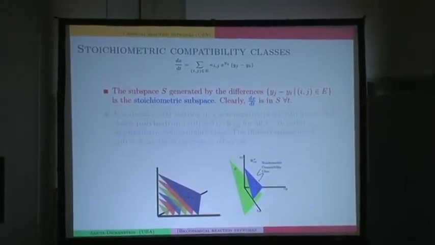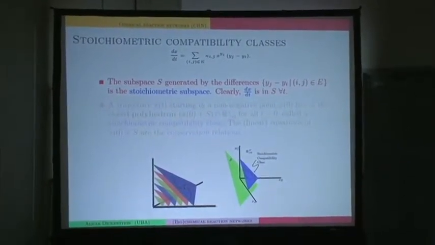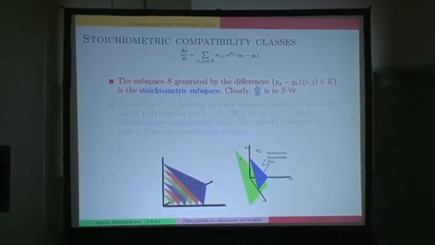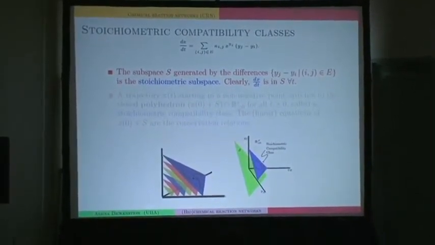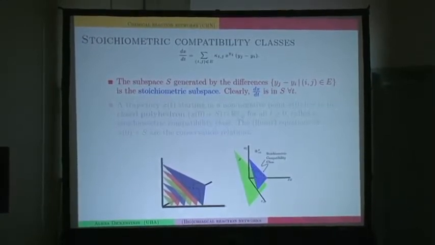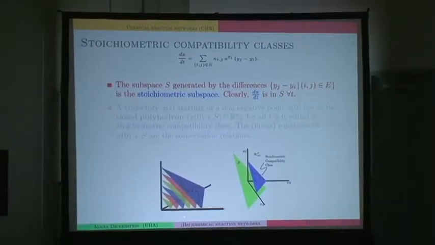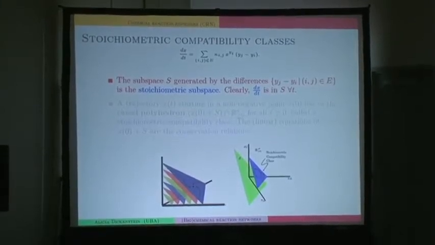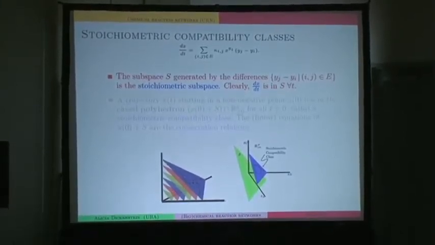So the dynamics is going to happen in affine subspaces, which are parallel translates of this S, and they will depend on the initial condition where you start. Okay, so if this is S, and we start in any of these colored triangles, we will stay there for the rest of the time.